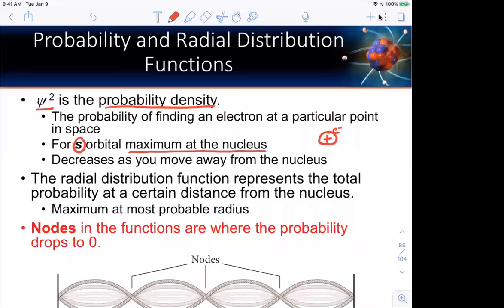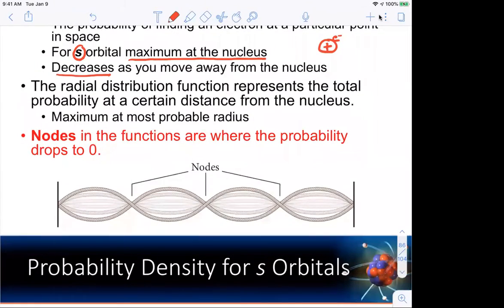The probability of finding that electron in that s orbital decreases as I move away from the nucleus. This can be represented by something called a radial distribution function. This represents the total probability at a certain distance from the nucleus.